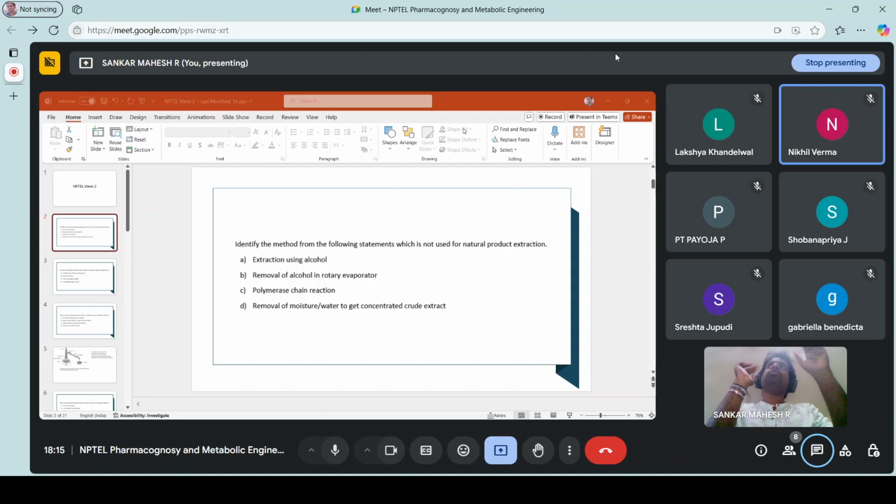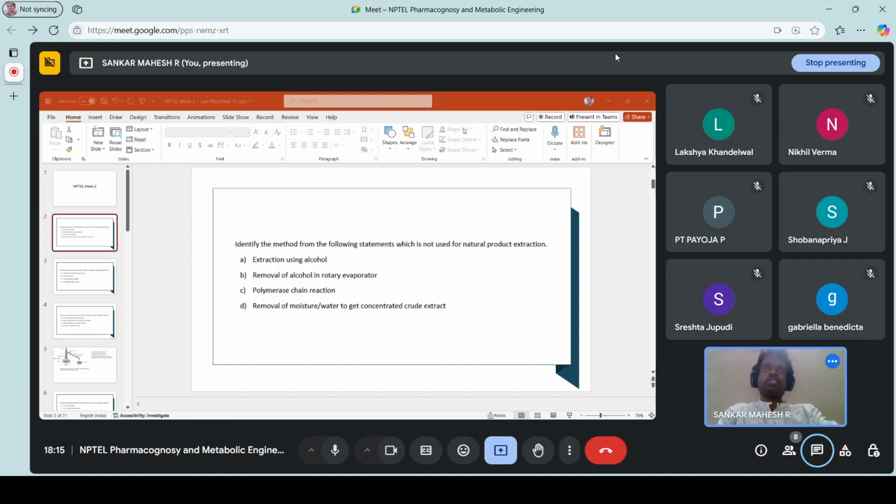Okay, so there are a few things we can correct. Volatile compounds have this volatile nature, which means that they become gaseous and they evaporate even at room temperature. That is one thing. And compounds like phenolics and flavonoids tend to be more soluble in non-aqueous solution, not in aqueous solution.